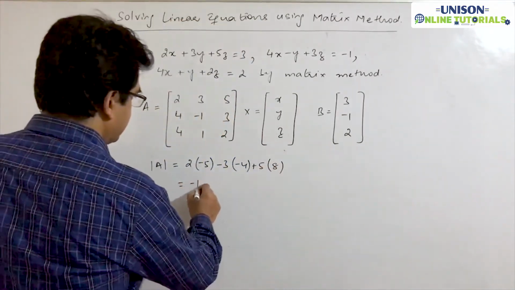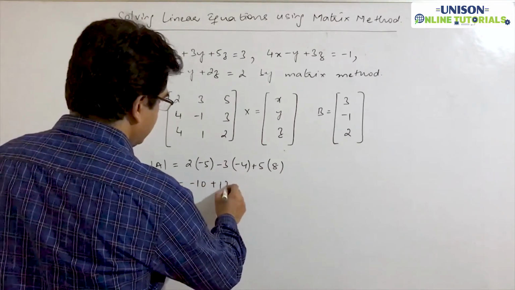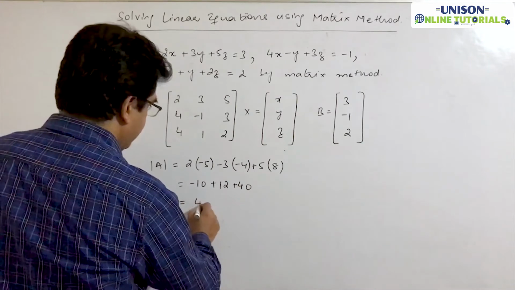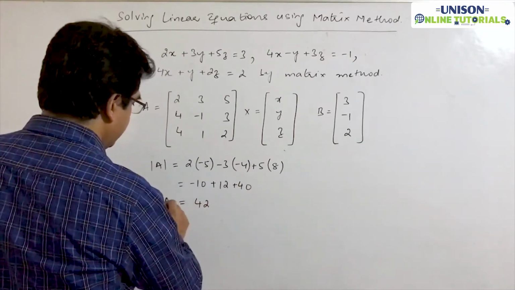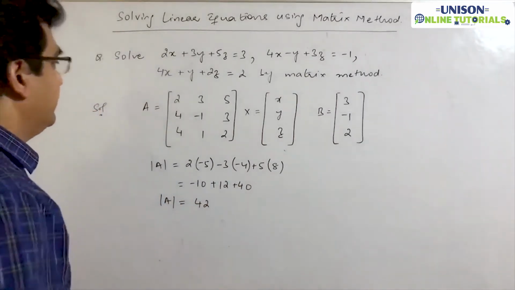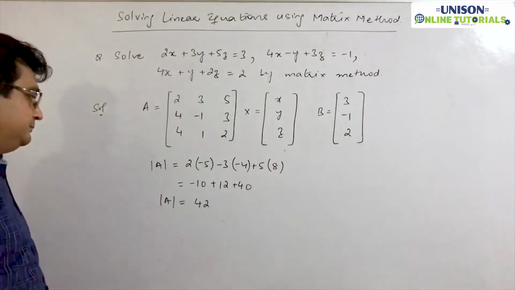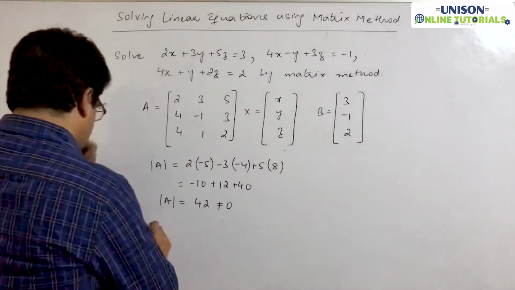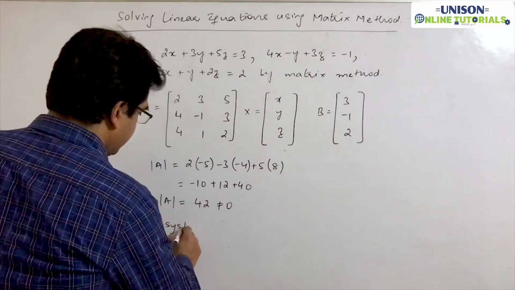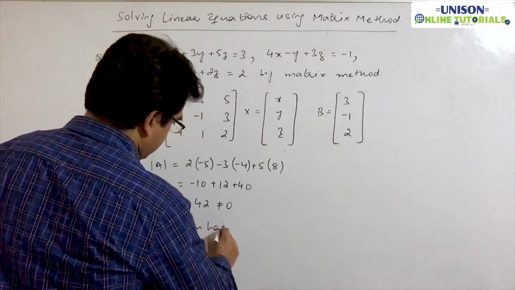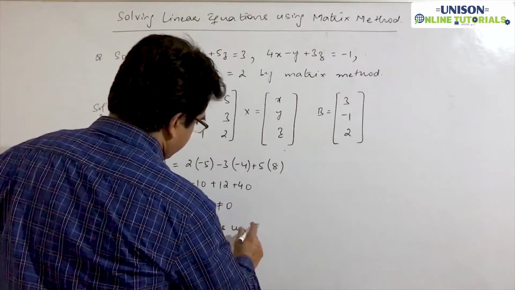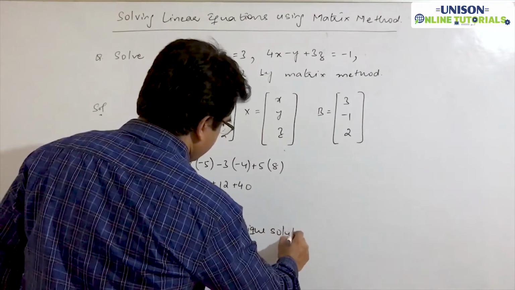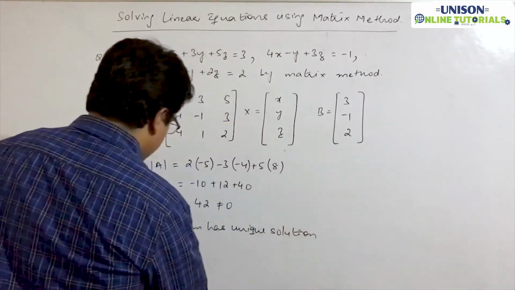So we get minus 10 plus 12 plus 40. It will be 42. Determinant A comes out to be 42, which is not equal to 0. Therefore the system has a unique solution, and is consistent.